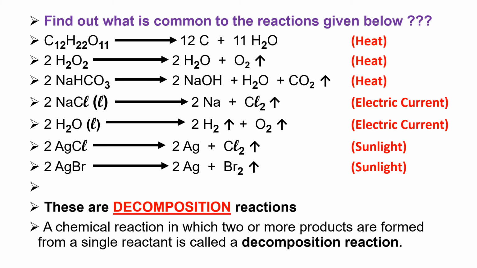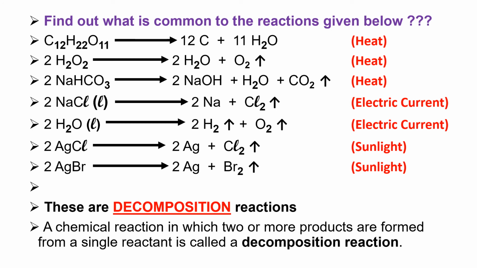And when you pass electric current through acidified water, you will get H2 and O2: hydrogen will be obtained at the cathode and oxygen at the anode.